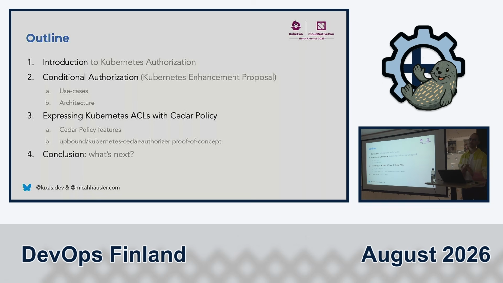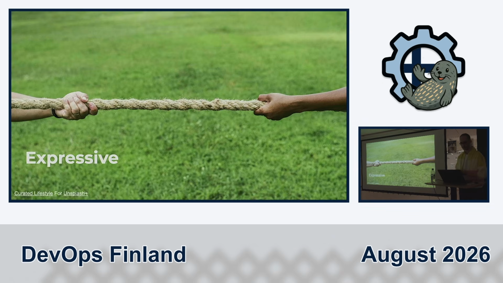And then having seen that and what is needed to implement some better access controls, hopefully in Kubernetes, we take a look at the fundamentals: what do we need for any type of access control system, and then how Cedar policy is that piece, and how it can help us there. And then, what is next?